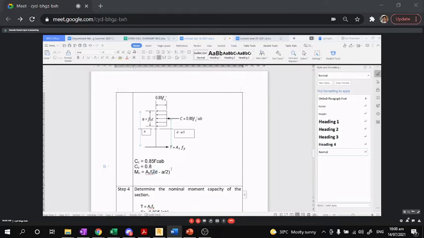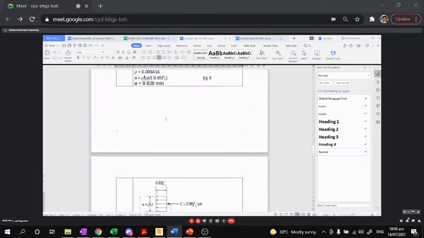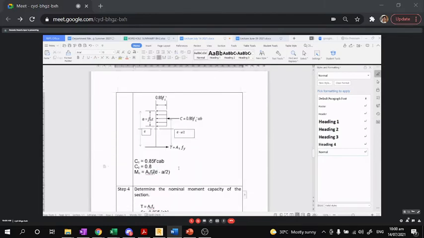So, 0.85 times 24 times a, which is 9.828, times b, which is 1,000, gives Cc, about 200,291 Newton.